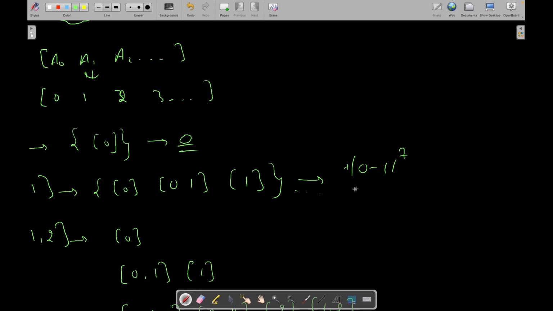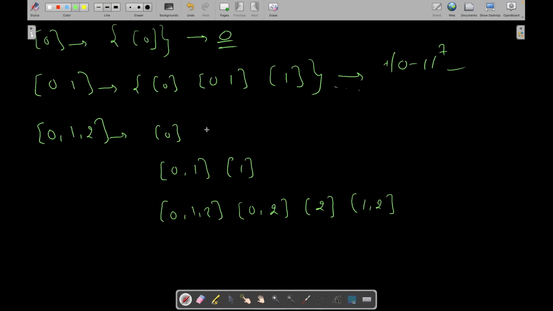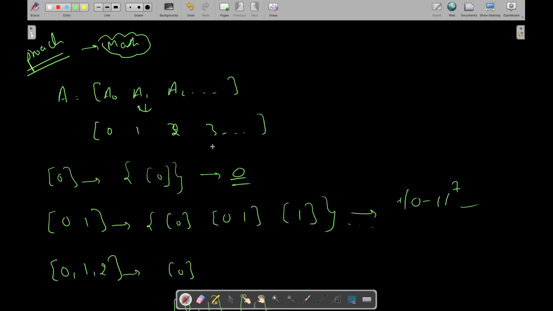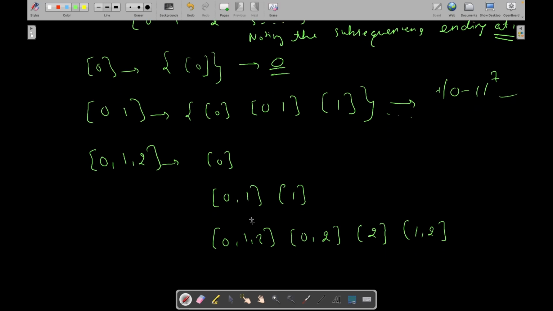So what I'm noting here is the subsequences ending at i. Obviously in 0 1 2 all of these will be included, but these are the new subsequences.